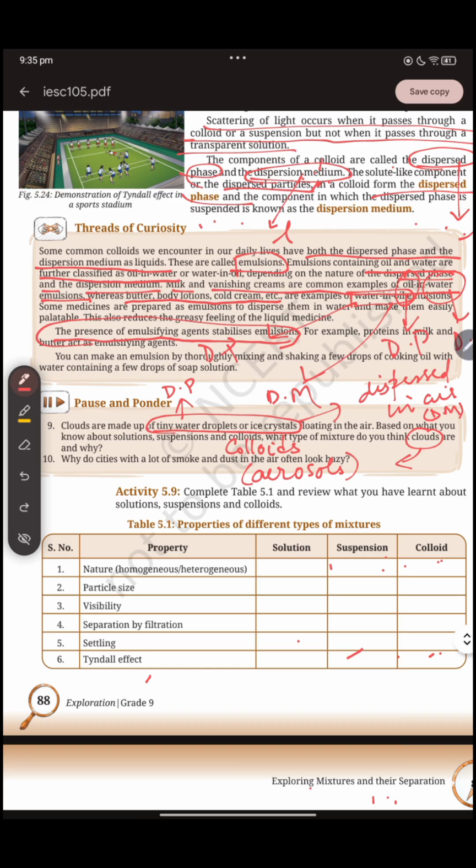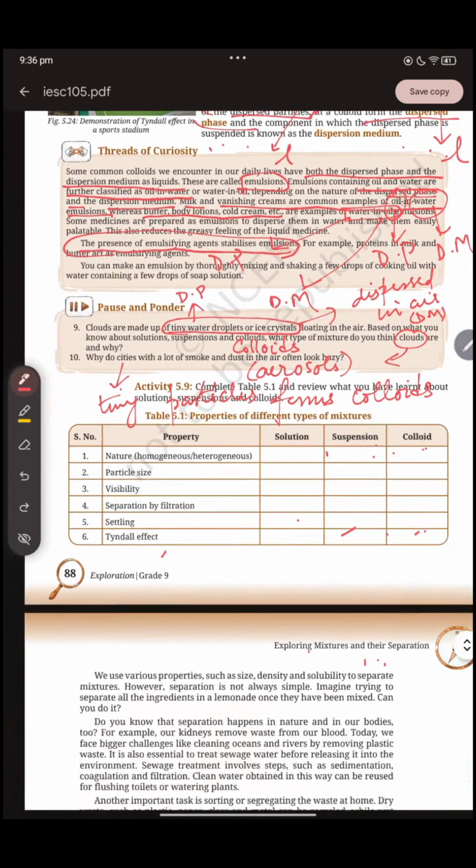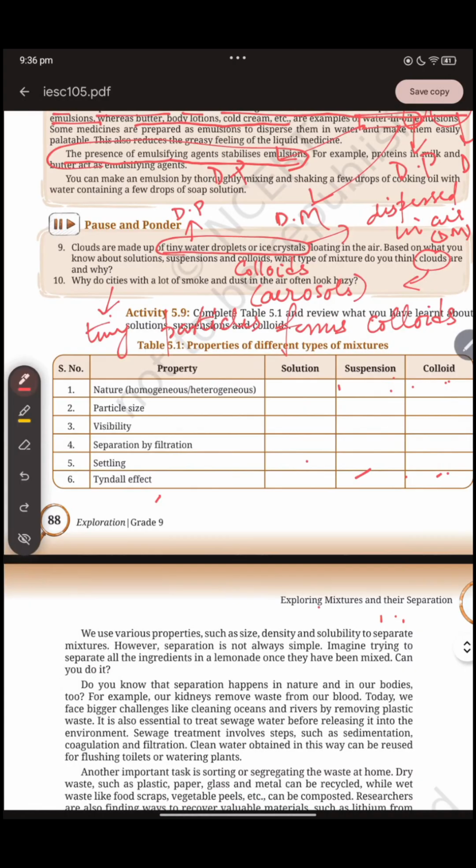They look hazy because the tiny particles present in the air form colloids, and they are capable of scattering sunlight. They scatter sunlight and due to the hazy appearance, the visibility is reduced.